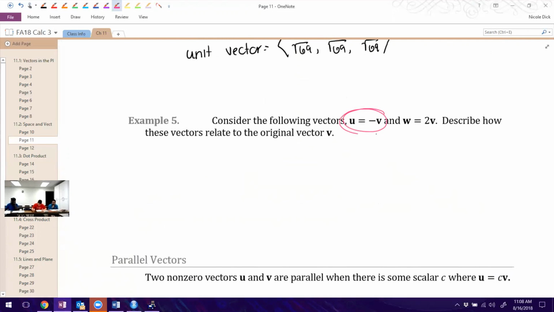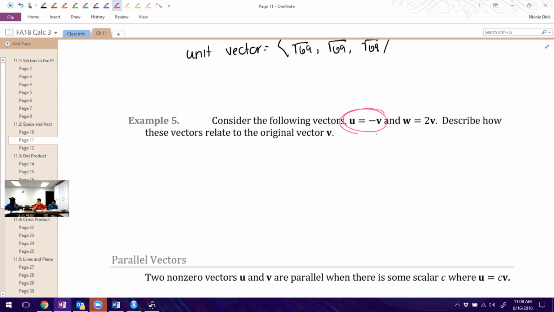Perpendicular? Not quite. They don't cross each other. If you think about vector u and v, they go opposite directions. So you've got some vector v doing something. And basically what this is saying is u is being defined as a negative v. And so really all that's doing is, the points are still going to be the same. We're just going to go in the opposite direction there. So v goes from one place to the other, and then u just undoes that.